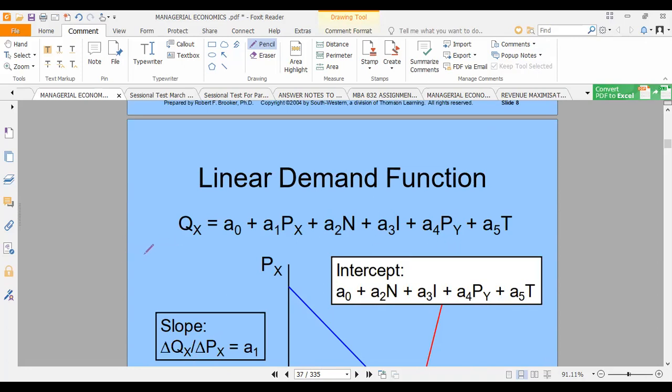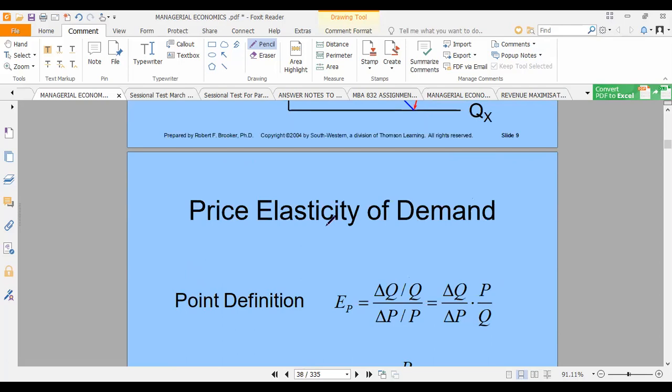So we also have what we call a linear demand function, which is expressed in terms of the parameters that were explained: the price of the good, the population size, income, the price of the other good, and the tastes. This linear function produces the types of elasticity.